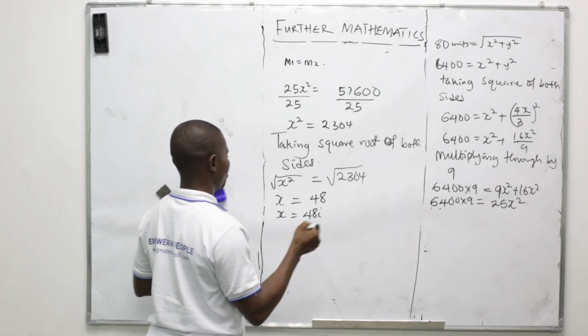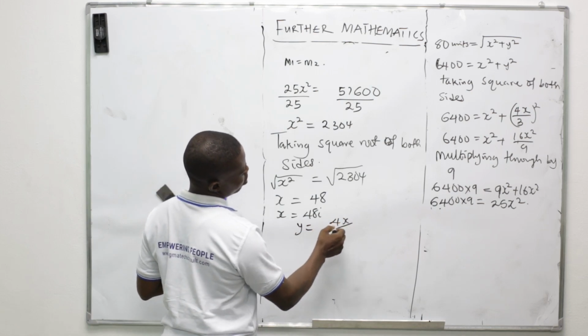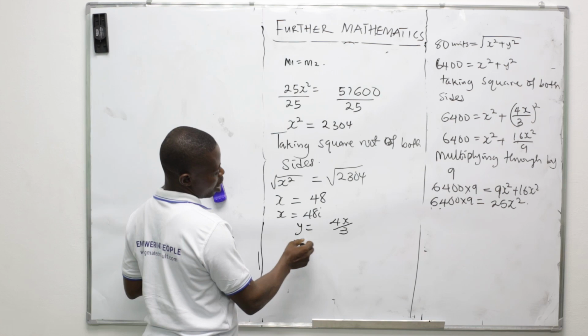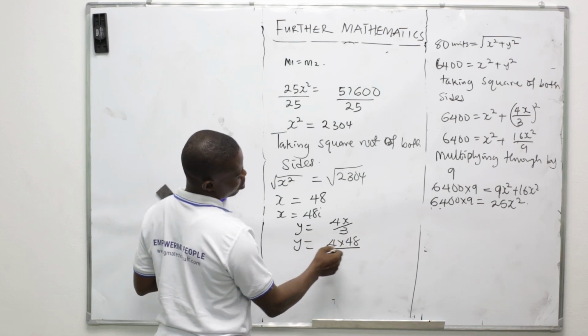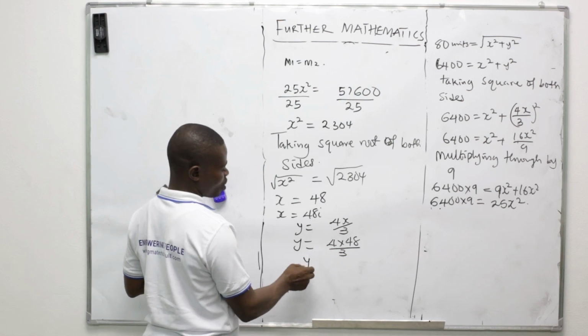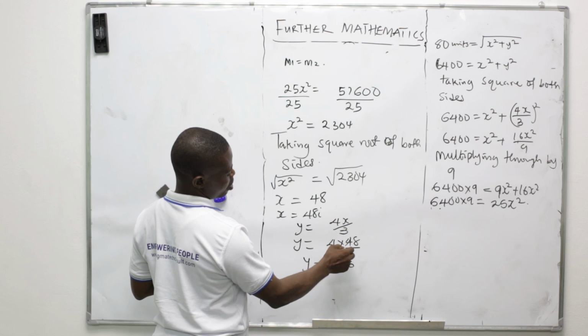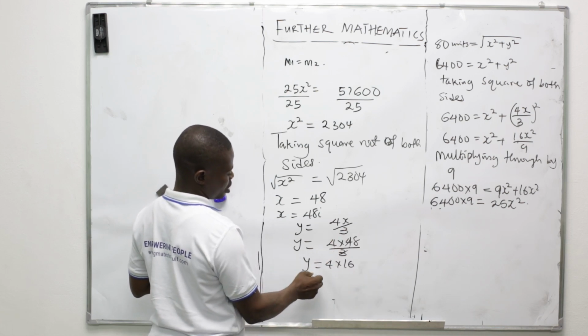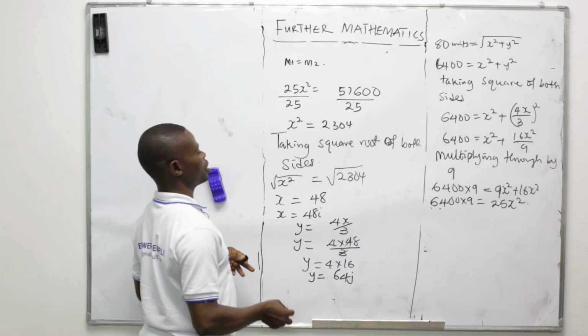Recall that y equals 4x all over 3, meaning y equals 4 times 48 all over 3. Y becomes 4 times 16, that is y equals 64j.